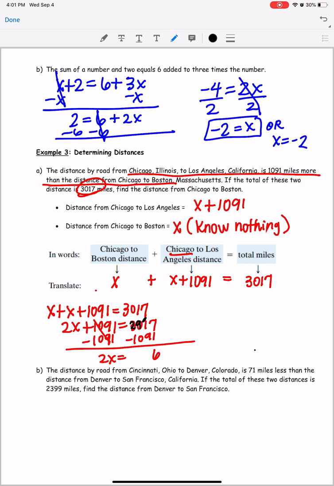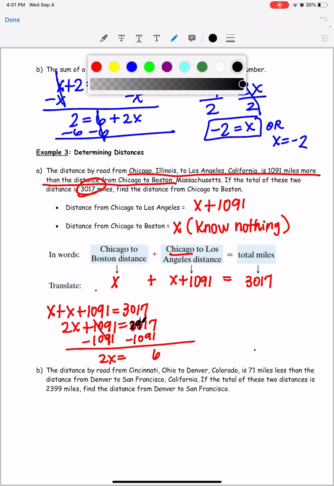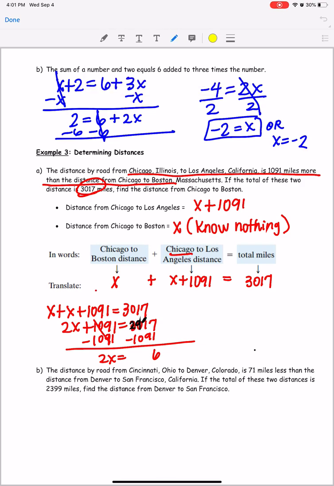Okay, come see me if this does not make sense. So now that I've borrowed, we've got 11 minus 9, which is 2. And now 29 minus 10 gives me 9.